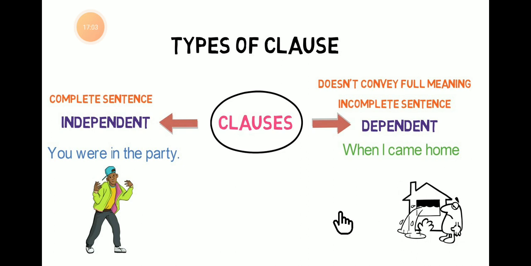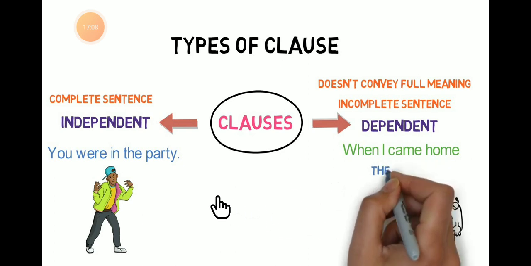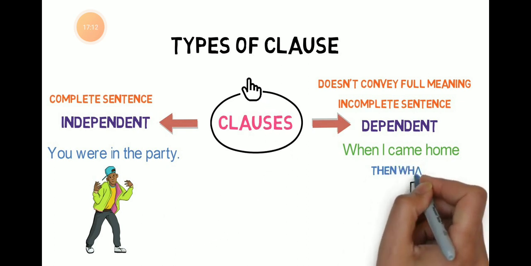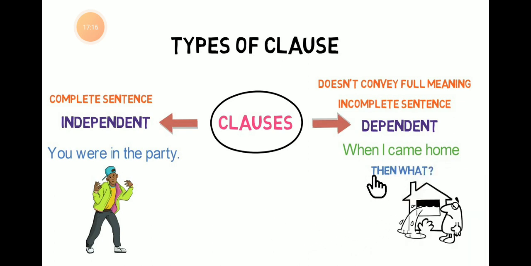Now students, let's combine this sentence, when I came home, with the other sentence. Then we will get one meaningful sentence, which can be called a clause. When I came home is a dependent clause because it doesn't convey full meaning.